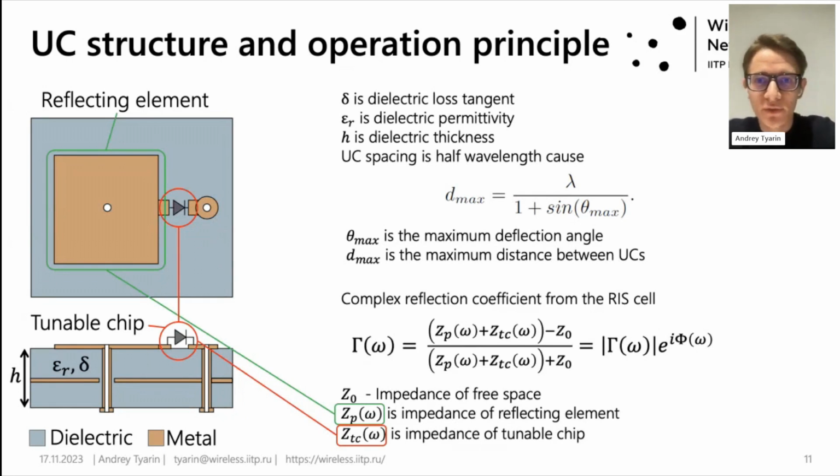The layer between top and bottom is made of dielectric. Its important characteristics are dielectric loss tangent, dielectric permittivity, and its thickness. Permittivity defines the reflected EM wave amplification.